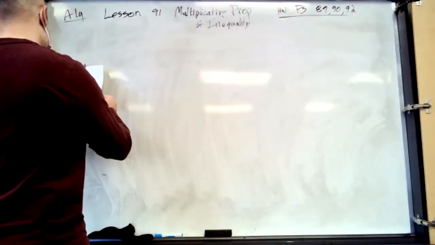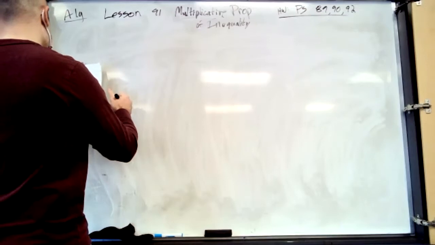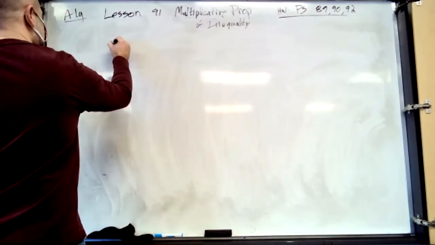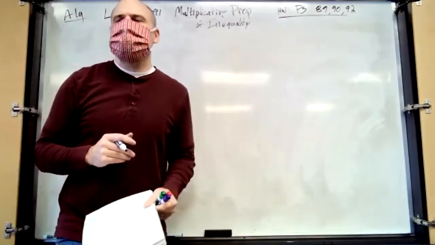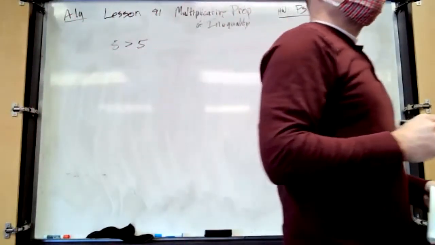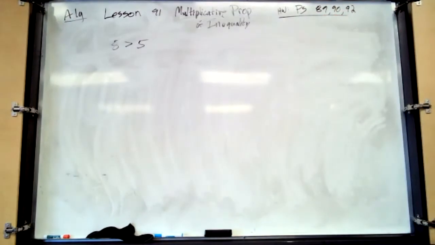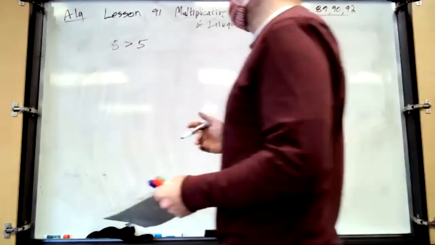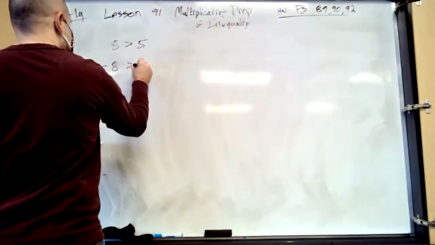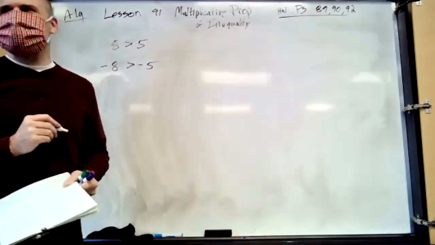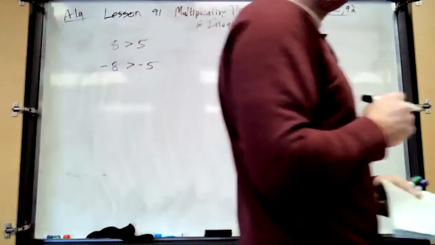We've got, let's see here, like 8 is greater than 5, right? Any argument there? So what if we multiply both sides by negative? This is a true equation, so we can do whatever we want to it. If we multiply both sides by -1, is that true? No, it's not.